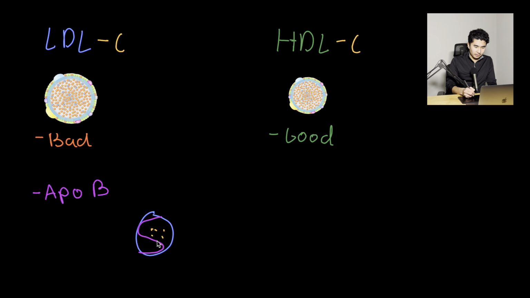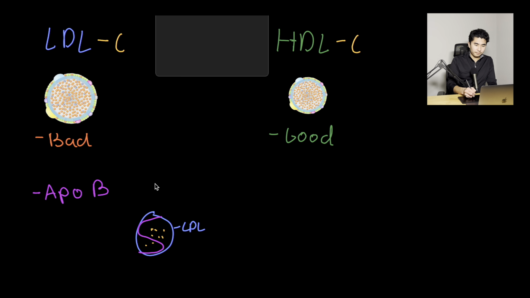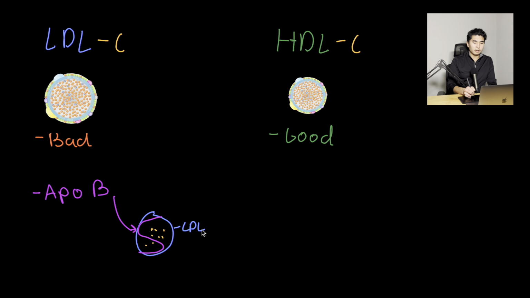So let's just say these dots are cholesterol, and over here, this is our LDL, and our Apo-B is this protein on our LDL. So Apo-B, or apolipoprotein B, is very important in that it can be atherogenic. Apo-B can also be on VLDL, IDL, and chylomicrons, but it is mostly on those LDL lipoproteins.